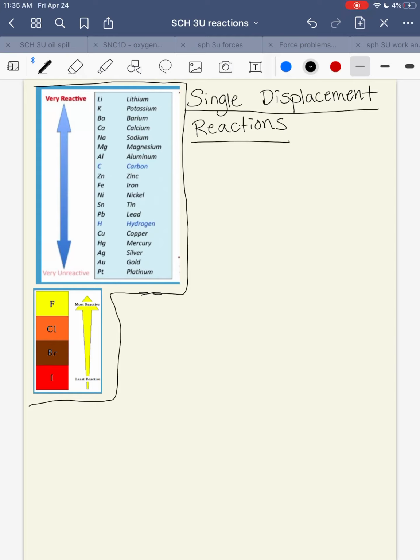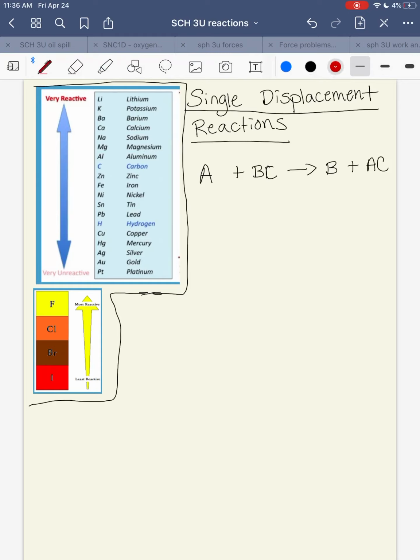All right, so if we're looking at single displacement reactions, we know that single displacement reactions involve an element that's by itself and a compound, and they react to produce a different element by itself and a new compound.